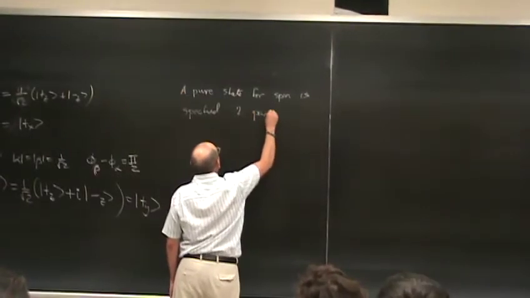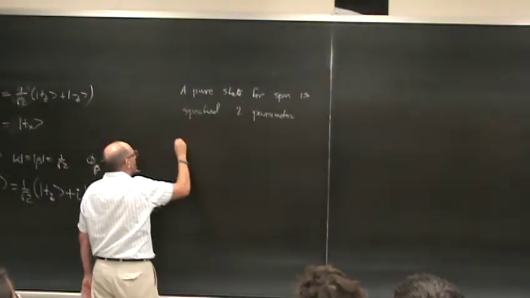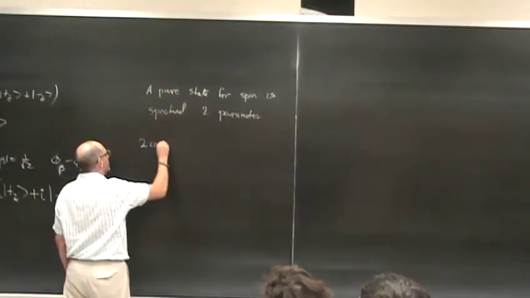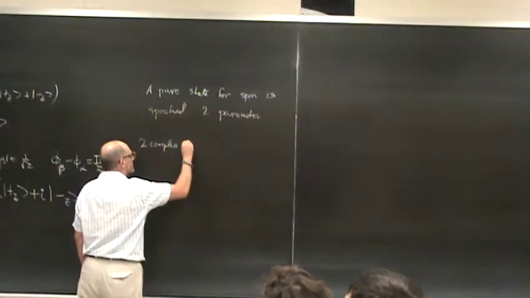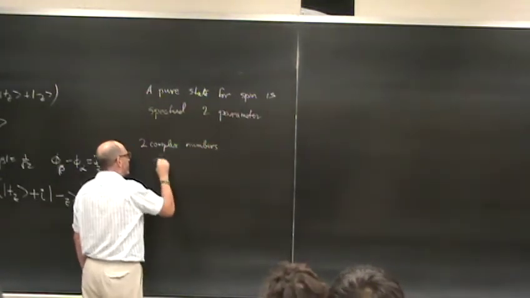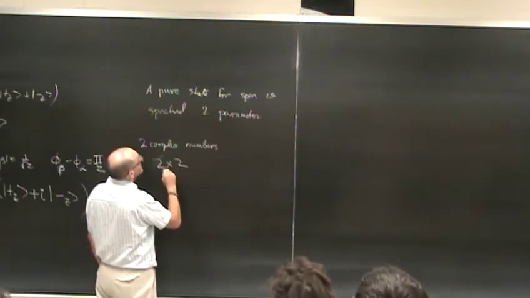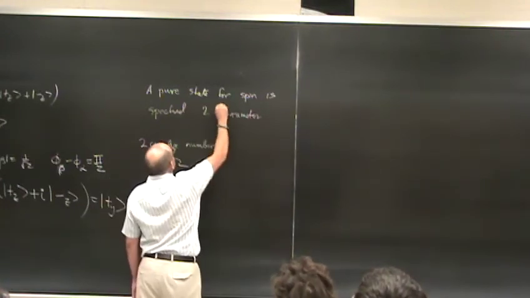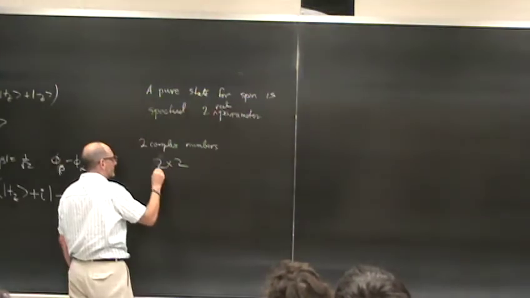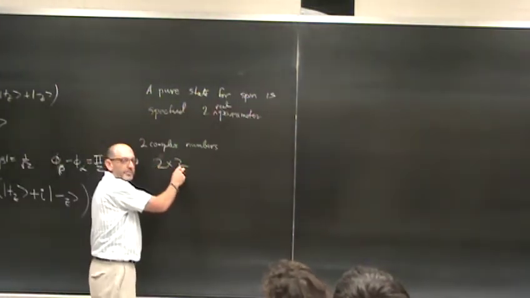And the way we saw that is that we have 2 complex numbers. So that's 2 times 2 real parameters, right? Because each complex number has a real and imaginary part.